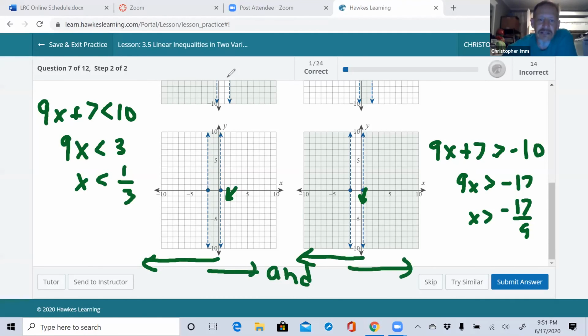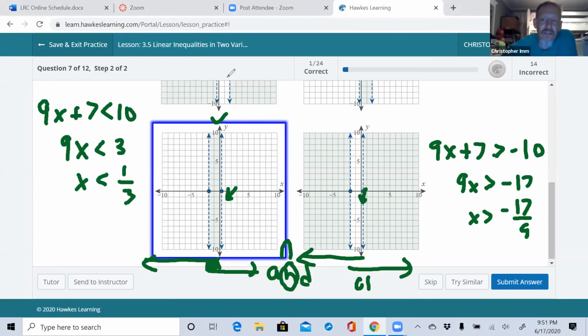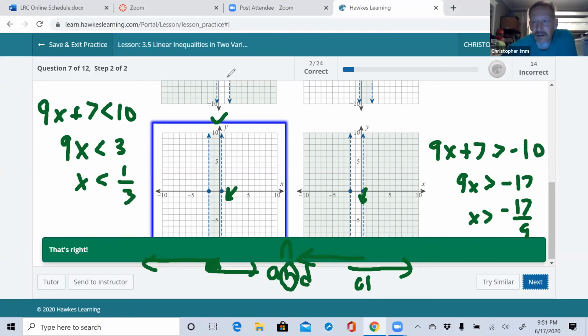So the AND connection is like an intersection, like this gate, that intersection gate, and it means take what it has in common. On the number line, it would be this part, and it wouldn't be the whole thing. An OR connector would actually give you everything, but an AND connector would only be what's in common. So we're actually going to be taking this graph here. Okay, all right, that's right.